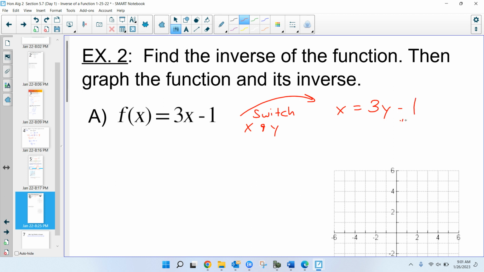Add 1 to both sides: x plus 1 equals 3y. Divide by 3: y equals x plus 1 divided by 3. To make sure we know that's the inverse function, we'll write f inverse of x equals x plus 1 divided by 3.